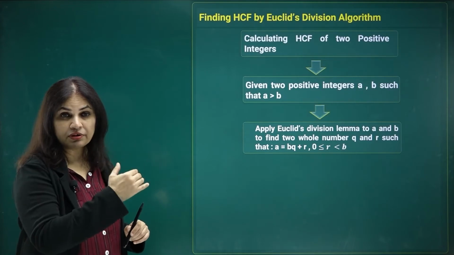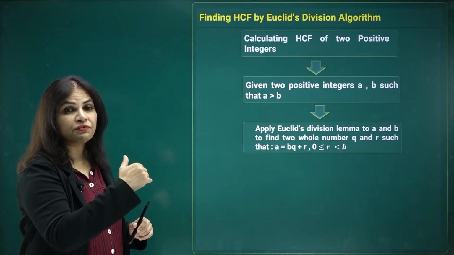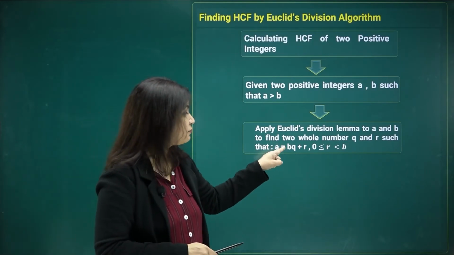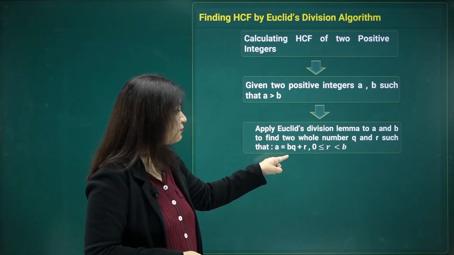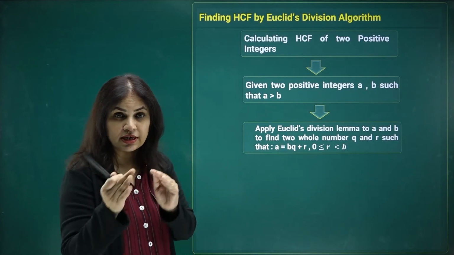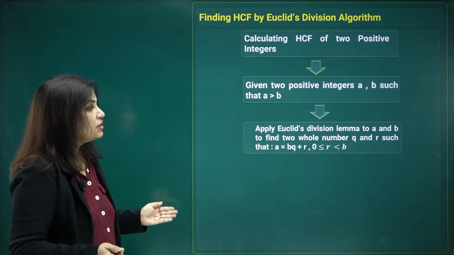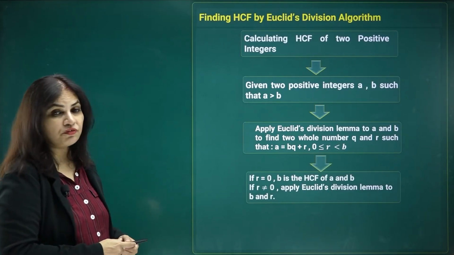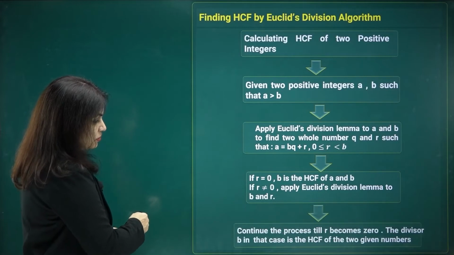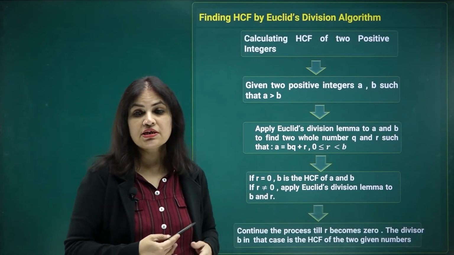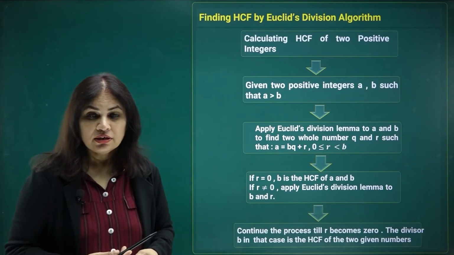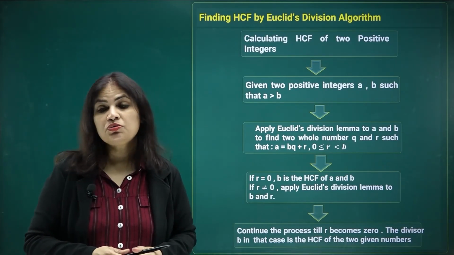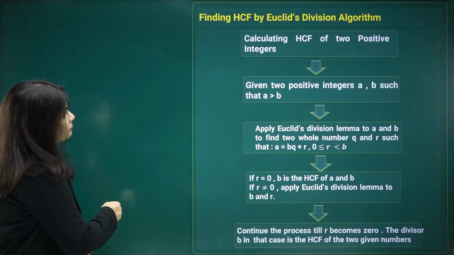We divided 520 as 140 into 3 plus 100 in the first step, where A was 520, B was 140, and Q was 3, plus R. So we keep on splitting until we get the value of R equal to 0. We continue the process till R becomes 0. The divisor B in that case is the HCF of the two given numbers.